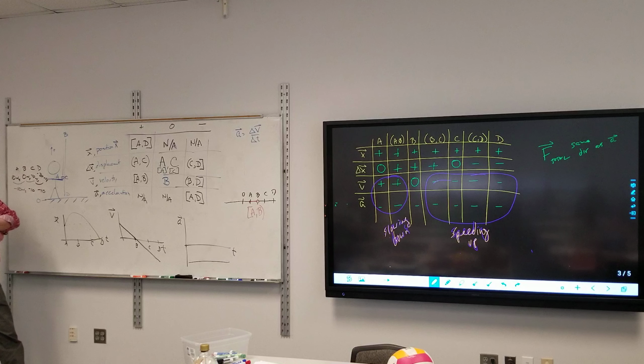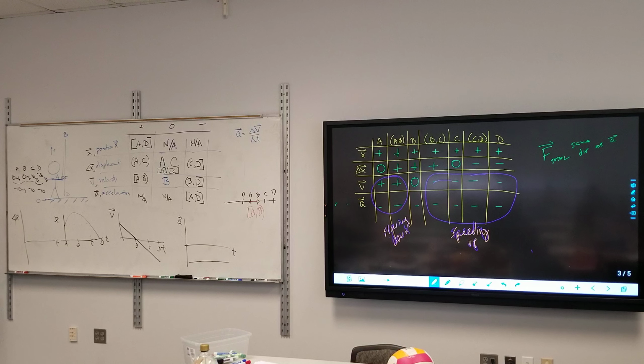If I did a displacement first time graph, what would it look like? Can you ask the question again? If I did displacement first time, what would it look like? Positive, just like straight.